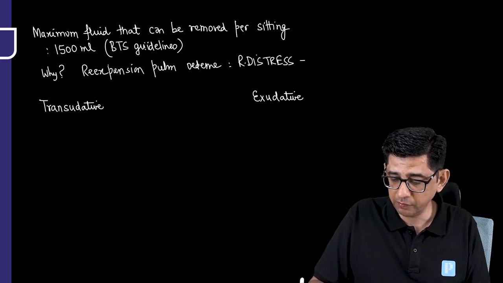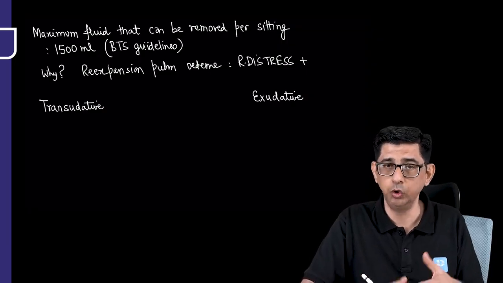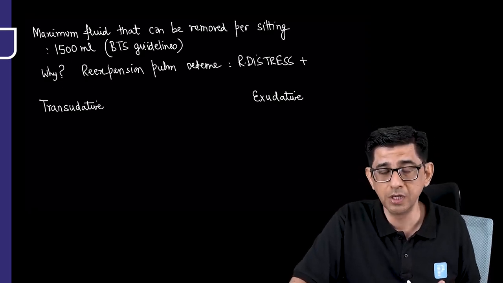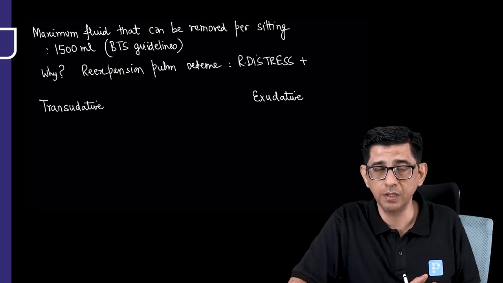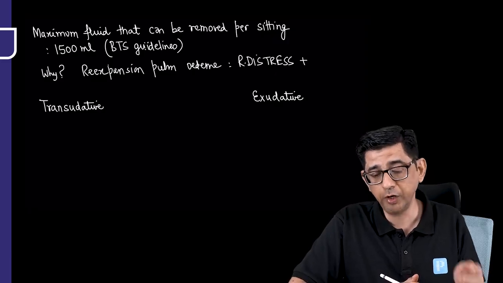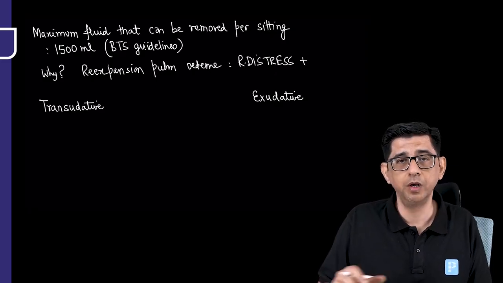One of the reasons for respiratory distress after thoracocentesis can be pneumothorax. But if pneumothorax is not in the options, then the second important reason why a patient can develop breathing difficulty after thoracocentesis is what I've explained, re-expansion pulmonary edema.